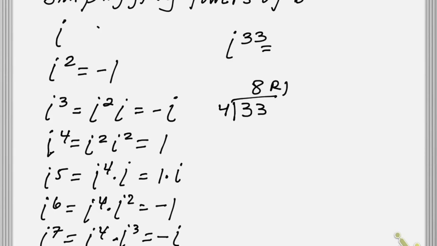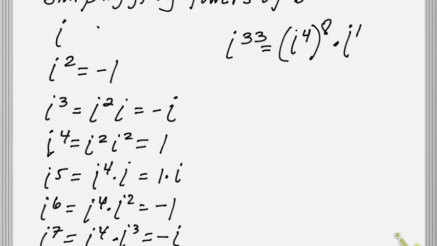So I can rewrite this using that 8 and remainder of 1. I can rewrite this as i to the fourth, to the eighth, times i to the first. Okay, now evaluate that. Well, what's i to the fourth? That's 1 to the eighth times i. So it's i.